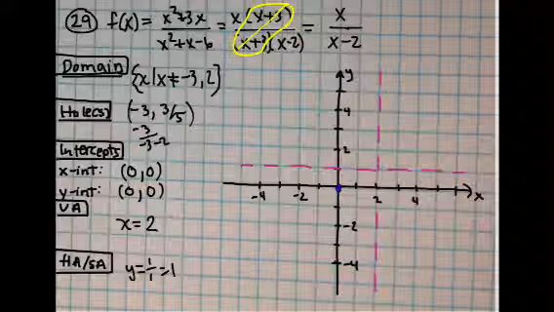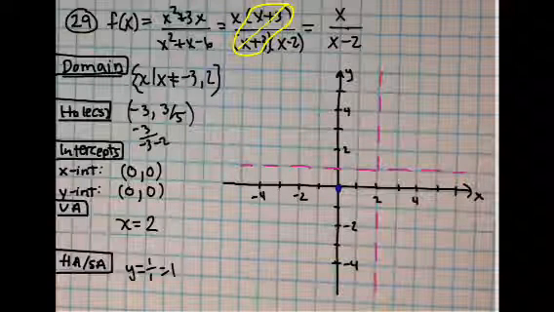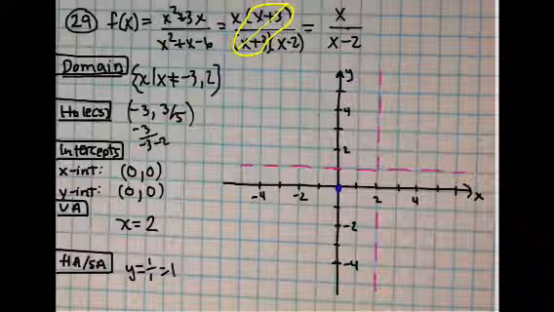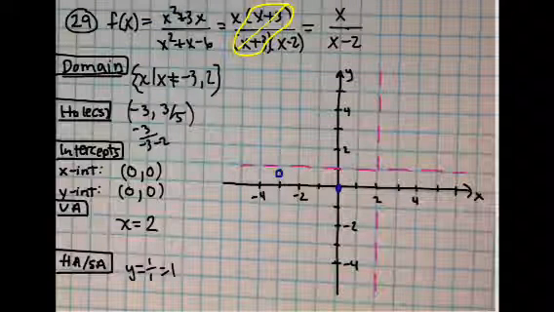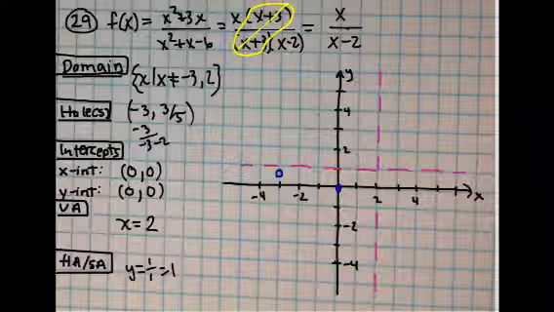And then there's a hole, this time negative 3, 3/5. So negative 3, 3/5 would be about here. Okay, I'm making it really big, because the pen I can't get any thinner than that. But that's where the hole would go.